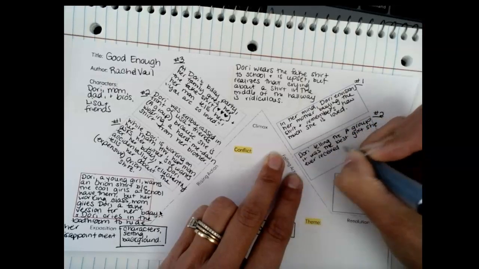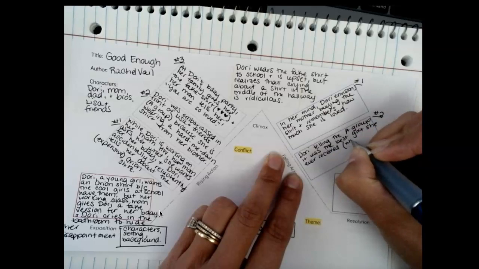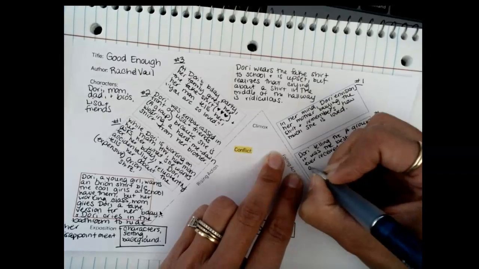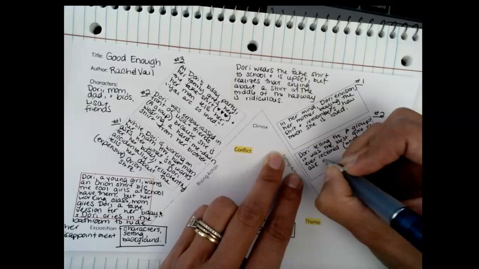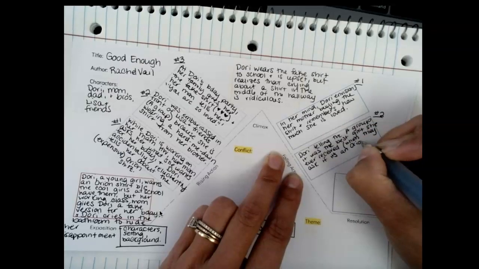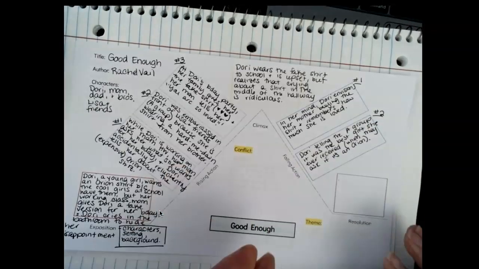I'm going to put in parentheses when they ask if it's an Orion. Okay, so those are our falling action events.